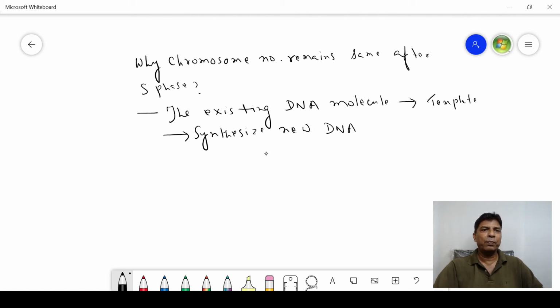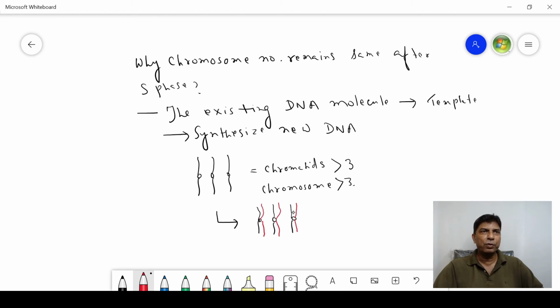For example, here we can consider that there are 3 chromatids. So chromatids are 3 in number, and so are the chromosomes. Chromosome number is also 3. Then we will find that we are getting new DNAs. This is happening in G1 and this is happening in G2. In G1 the number of chromatids is 3, thus the number of chromosomes is also 3.